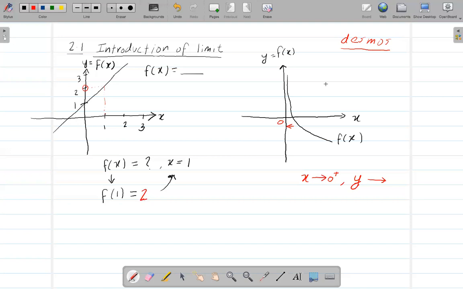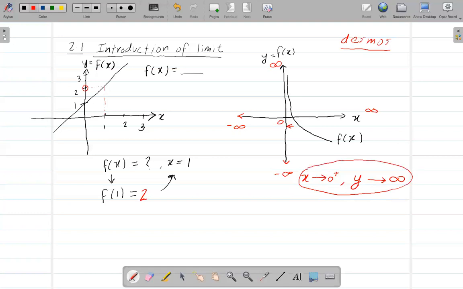If you type this in Google, you can see a graph like this, where if you zoom in, you will see that this line never touches the y-axis. So going up, it goes towards infinity. Going down, it goes towards negative infinity on the y-axis. On the x-axis, on the right-hand side, it goes towards positive infinity, and on the left-hand side, it goes towards negative infinity, right? So on y, it's going towards infinity. The limit is something like this.